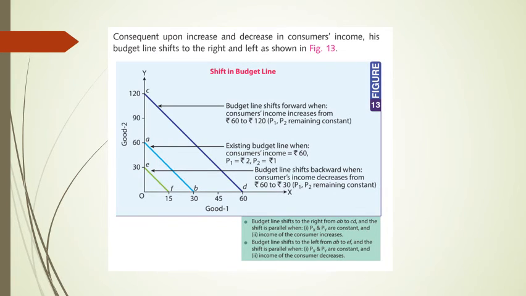Now, shift in budget line through diagram. There is forward shift when income increases and there is backward shift in budget line when income of the consumer decreases from 60 to 30 rupees.